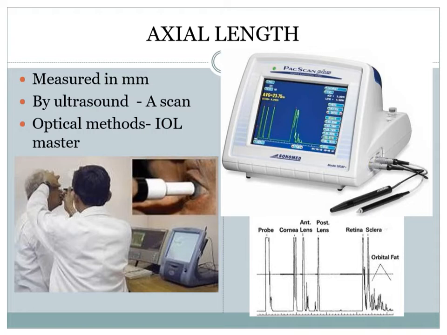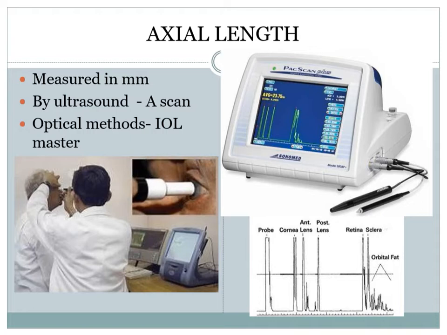This A scan machine is a computerized machine, so the SRK formula is fed into the machine. What you will do is use the probes. First, topical anesthesia is put over the patient's cornea, then the machine is switched on.